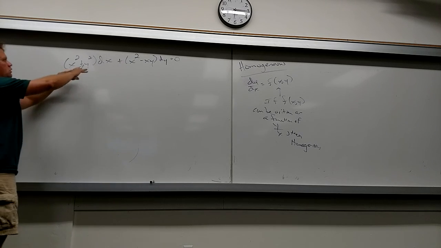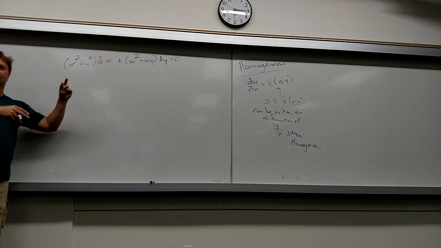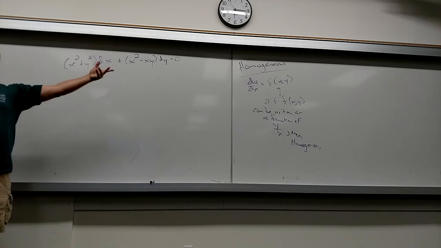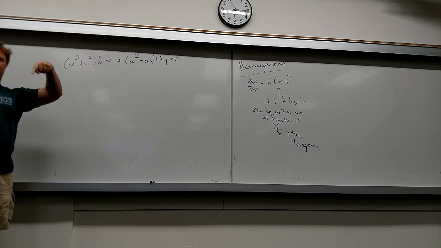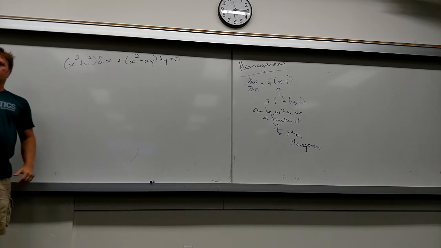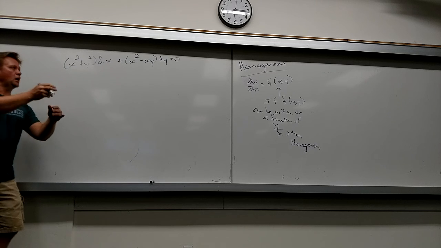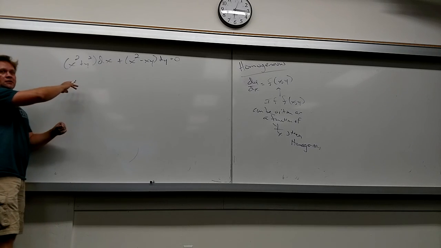So how would I start to make ratios of y's and x's? Well, I could just do what to both sides? Divide by x's. How many x's should you divide by? 2.